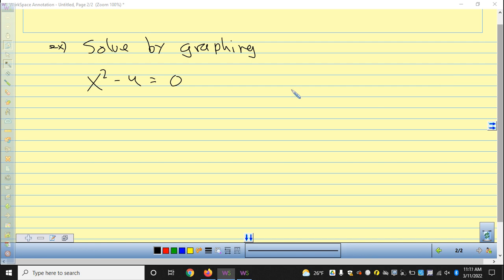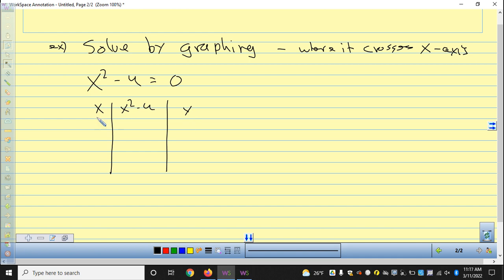Because when we solve by graphing, we're looking for where it crosses the x-axis, we need to be more accurate with our graph than just approximating where it goes. So in general, when we solve by graphing, we need to make a table of values to get an accurate graph. I'm going to make a table of values, x, and then x squared minus 4 to get y.